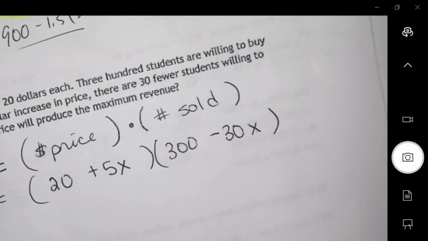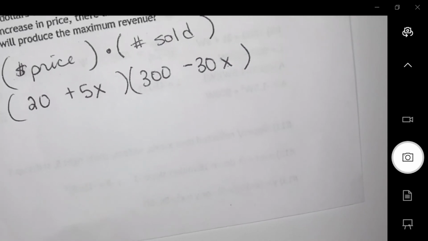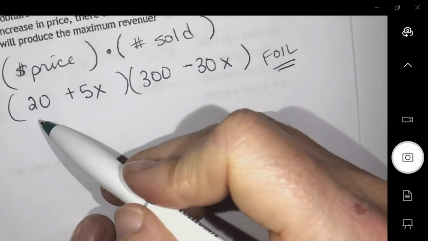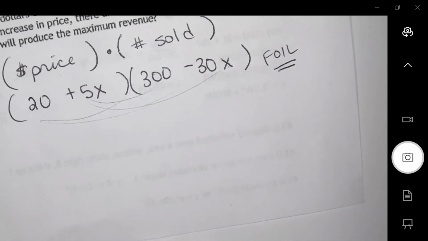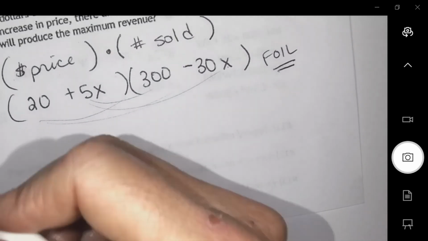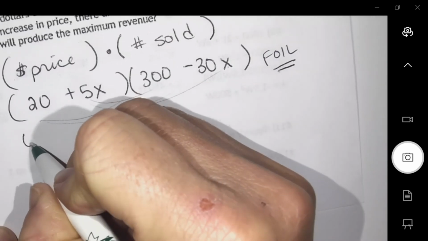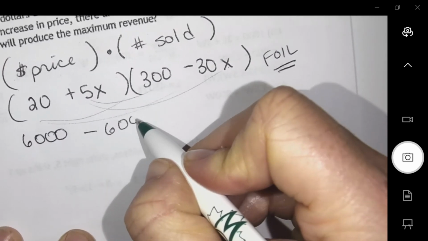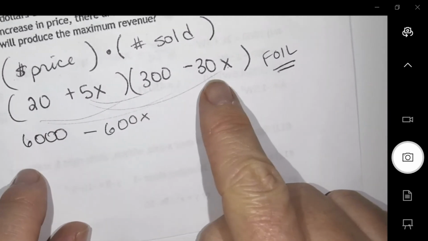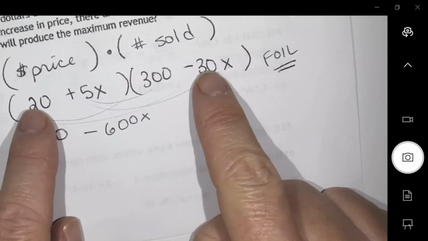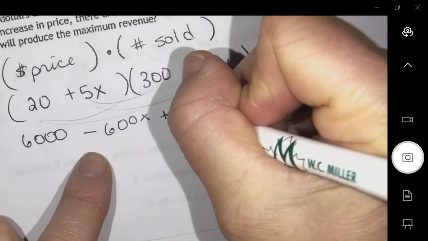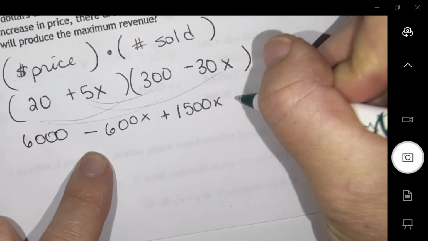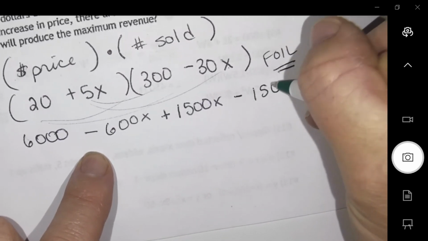Okay, what do I do now? I do the algebra stuff of math. You have to have your 4 parts there. 6,000 is first. Right, 6,000 minus 600x plus 1,500x minus.